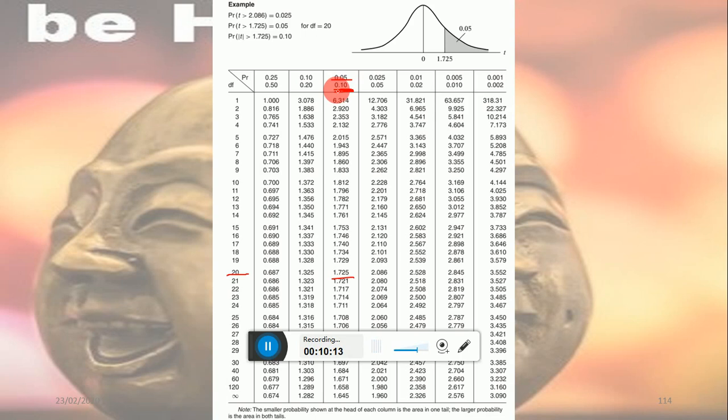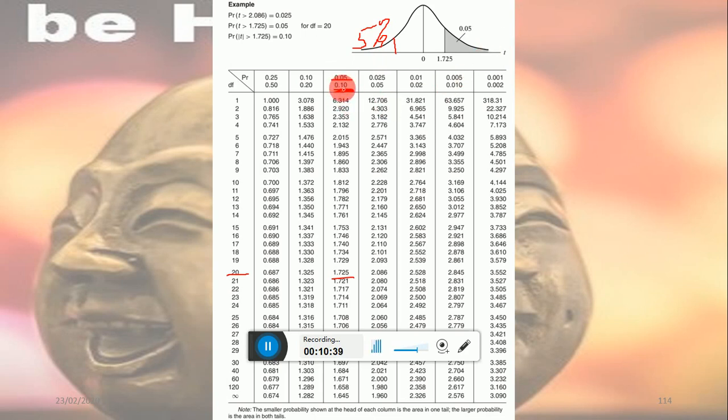Okay, so we know that if we have another tail here which is 5%, which is 5% this side, if we have another column which is 5%, it means this 5% plus that 5% equals 10, this number here.